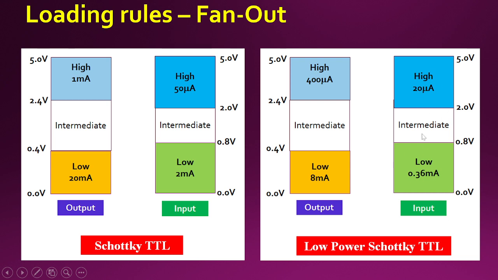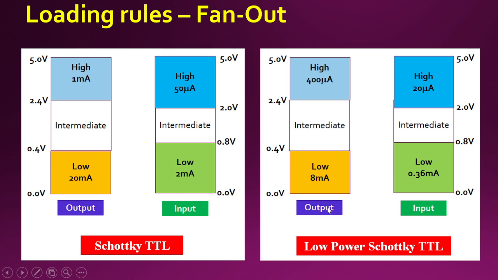When we consider the input TTL, the input of the TTL says the current is 20 microampere, and when the input is high, it will only consume 20 microampere, and when the input is low, it will give out 0.36 milliampere.